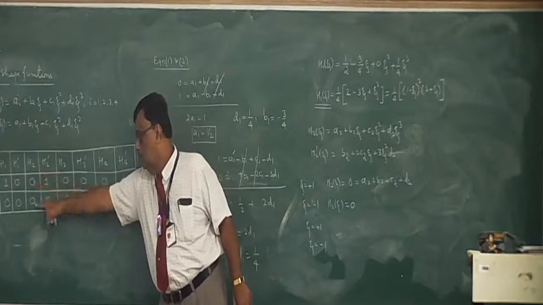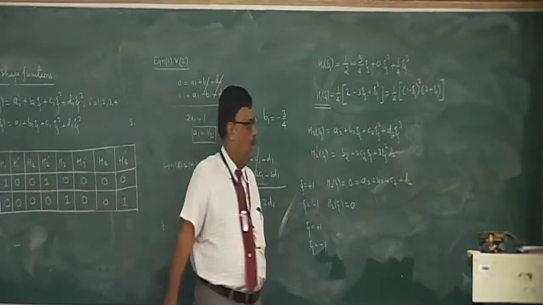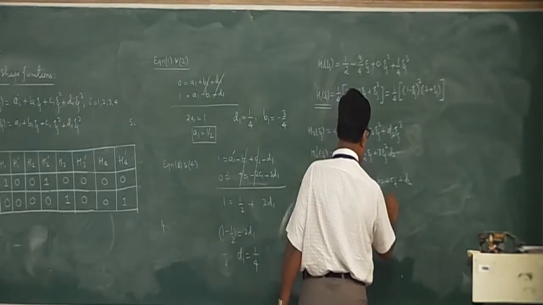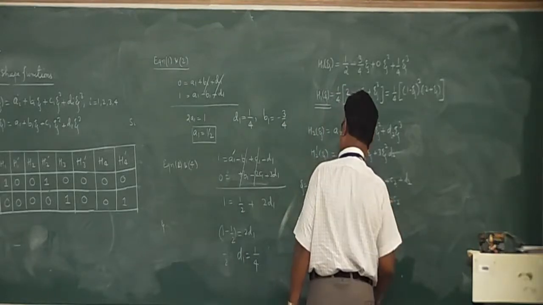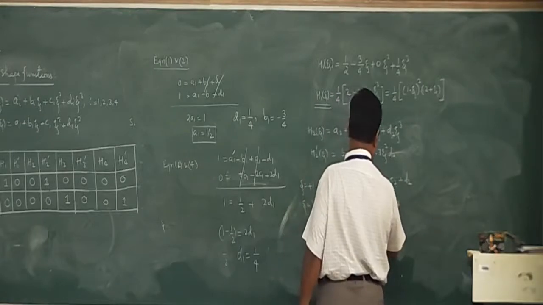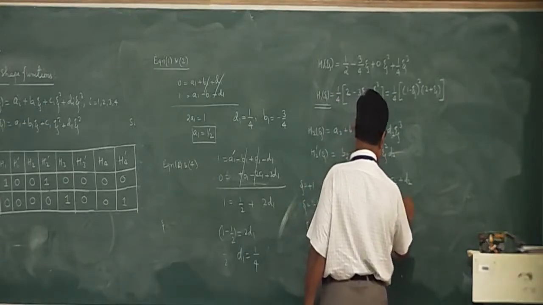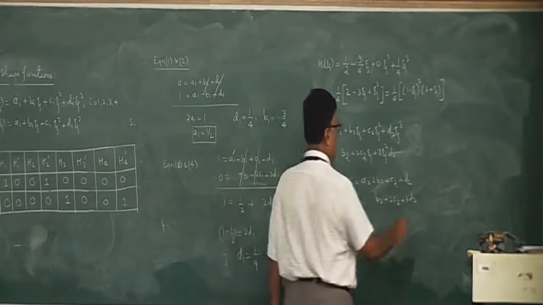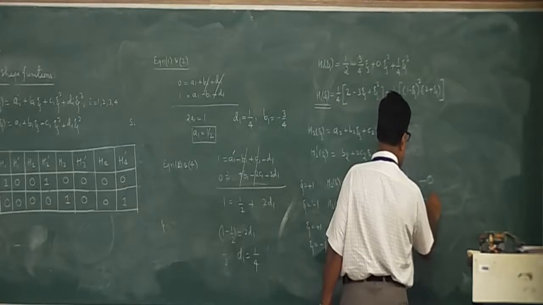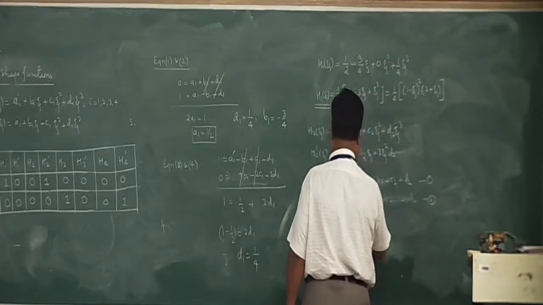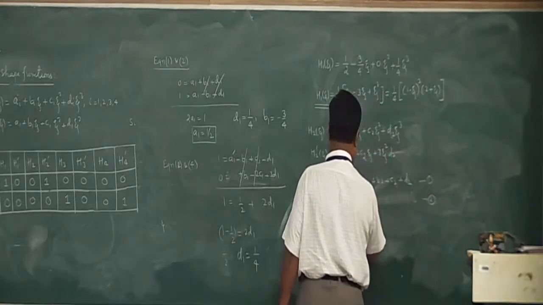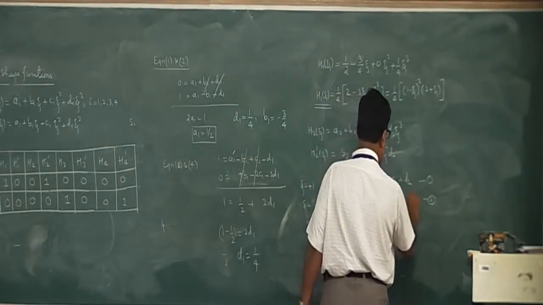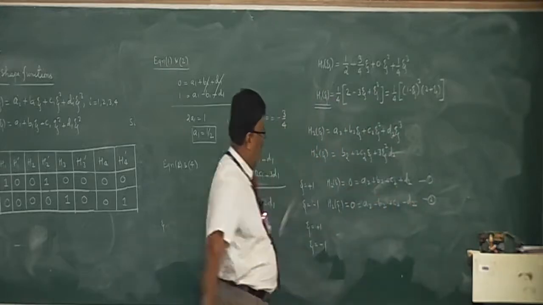That is, it is 0 at both the points. So this will be a2 minus b2 plus c2 minus d2. This is for the h2 of zeta.